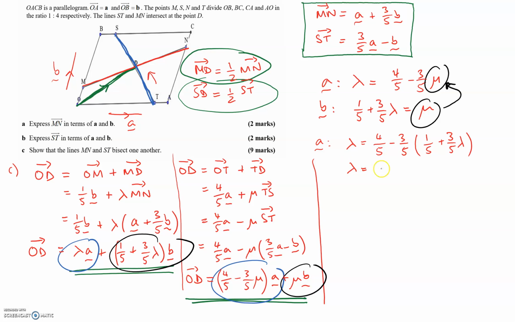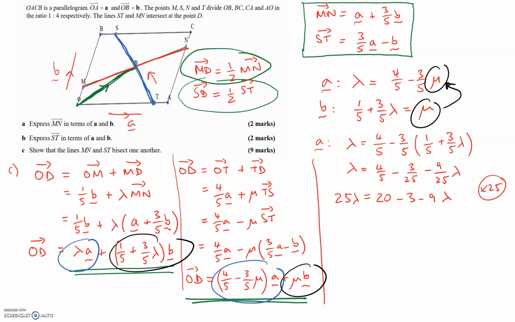So lambda is 4/5, and we'll just work this out. Expand that. Probably want to times everything by 25. Why not? 25 lambda equals 4 times 5, which is 20, minus 3, minus 9 lambda.